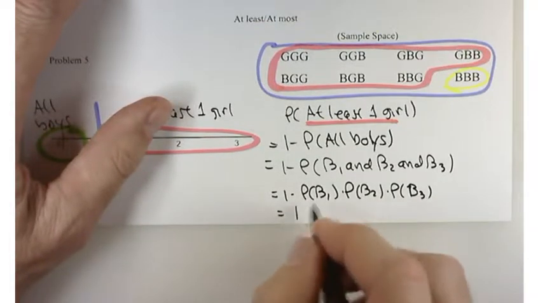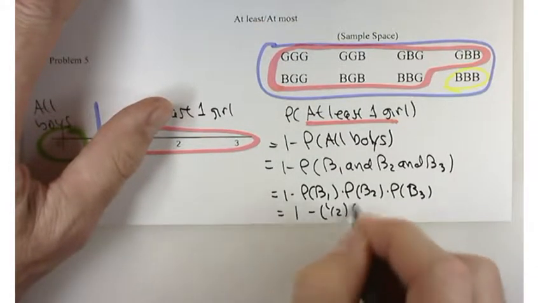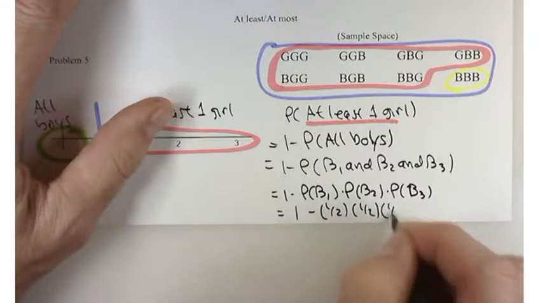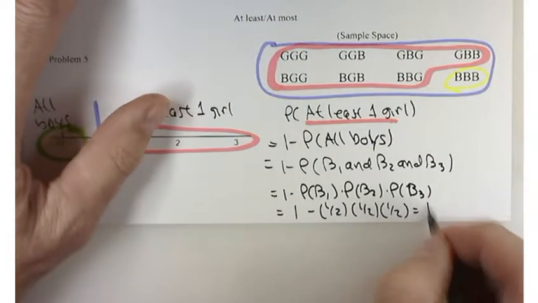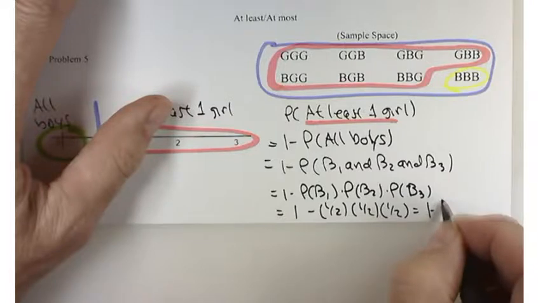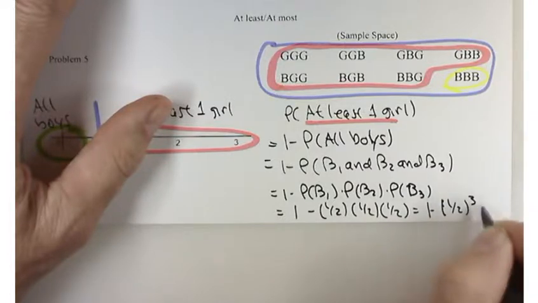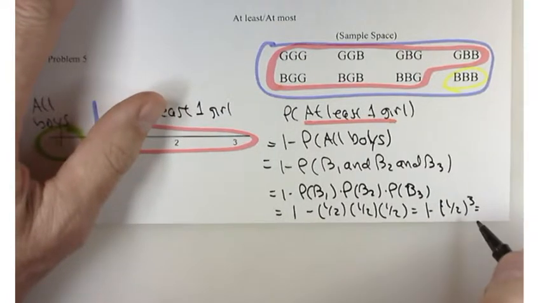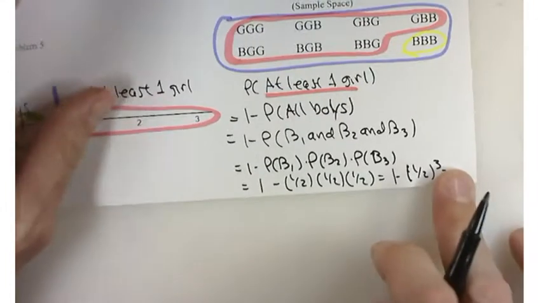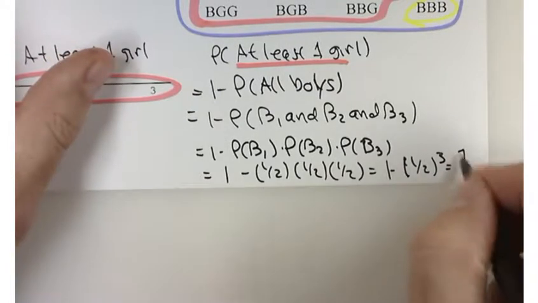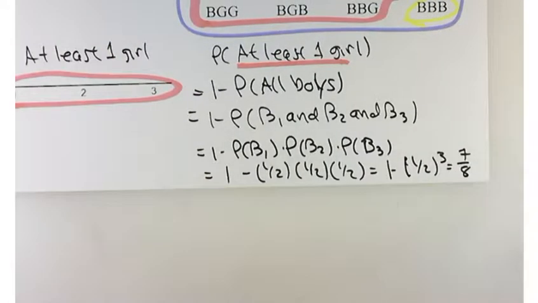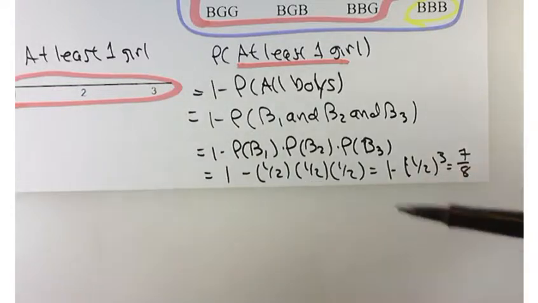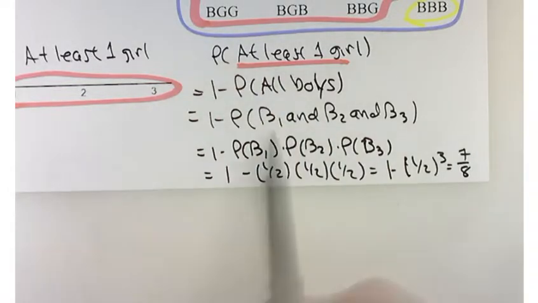And as we said earlier on, we're making the assumption that these probabilities are exactly 1/2. So 1 minus 1/2 cubed, really 1 minus 1 over 8, is 7/8, which is what you said a while ago, but I just needed to go through all the calculation here, because we're going to do the complementation rule a couple more times.